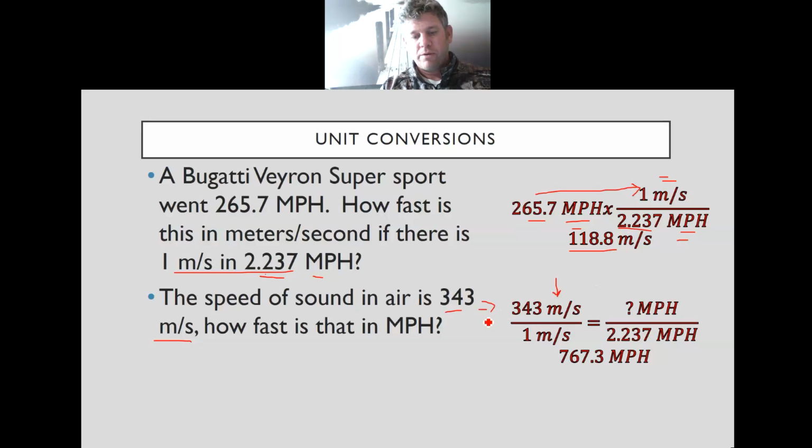There's the conversion factor right there. Over here, I don't know how many miles per hour, because it's asking how fast is it in miles per hour. Because I don't know that, it goes in the same spot as the given information in the problem. So on the top here, that's where that question mark is, same level, so to speak.